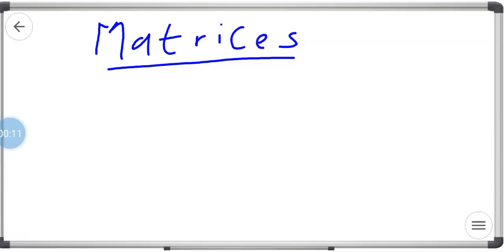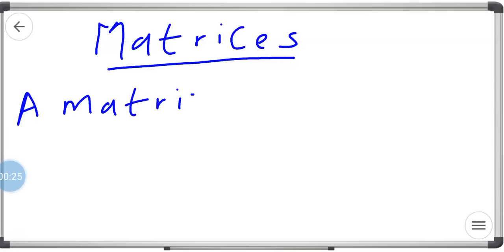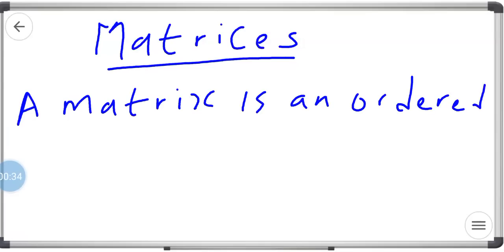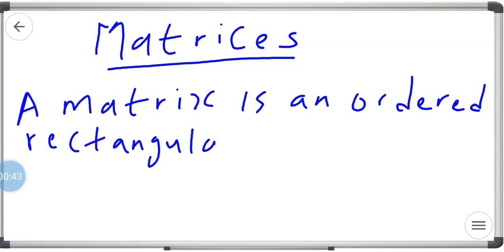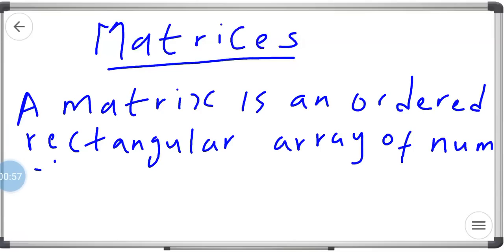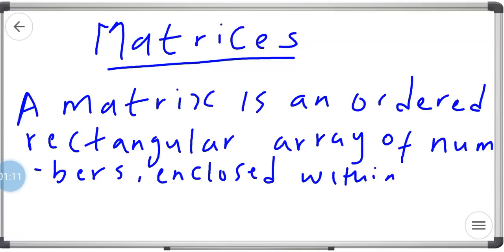Okay. Now let's proceed. What's a matrix? A matrix is an ordered rectangular array of numbers enclosed within a pair of brackets.